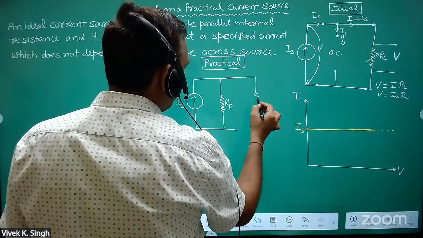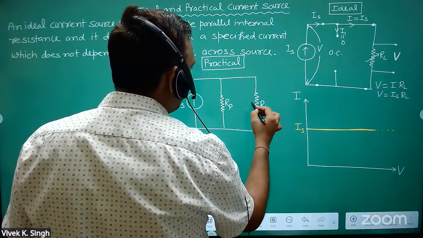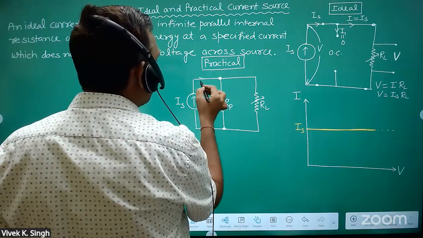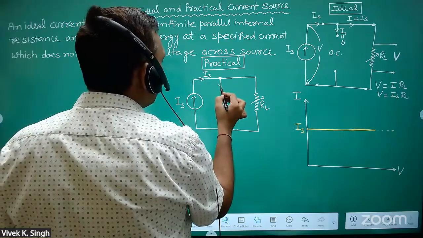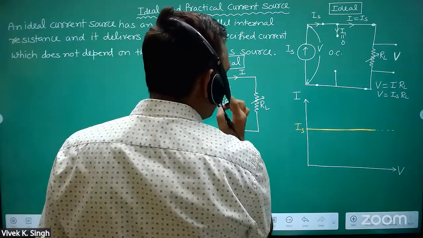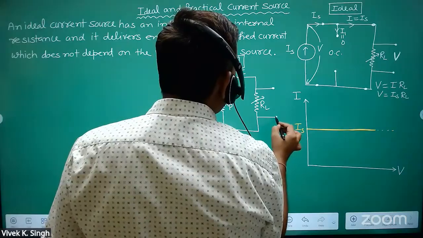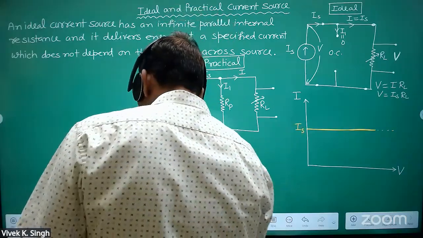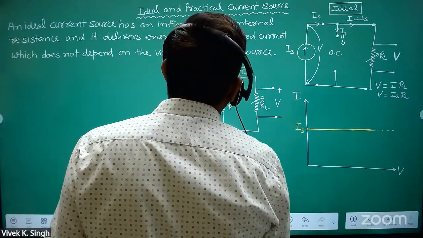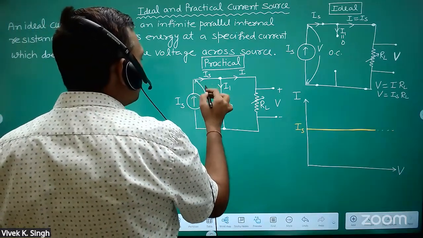And then you have a load RL here, variable load. This current is IS. This current is I1 and this current is I. And what will be voltage across it? This is V. And this voltage is also V.